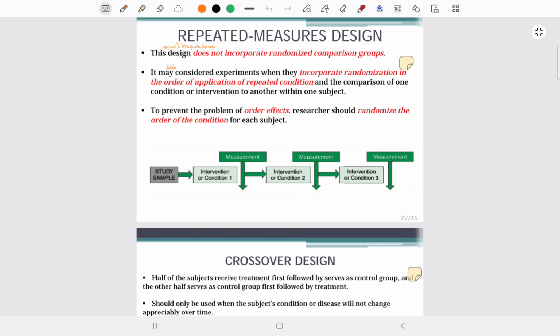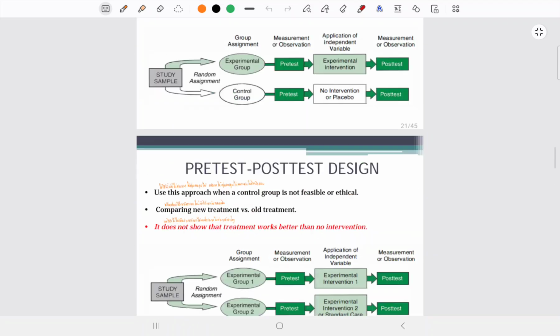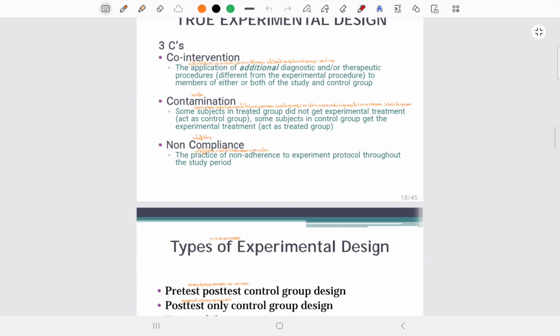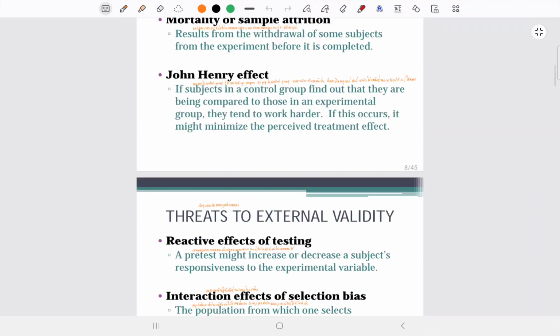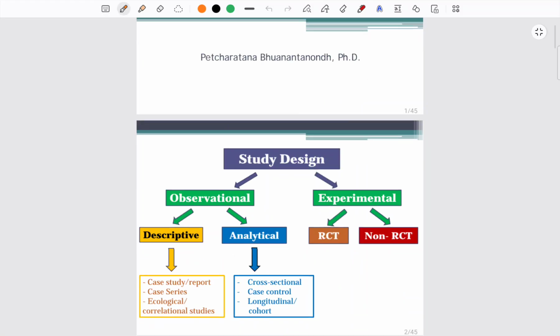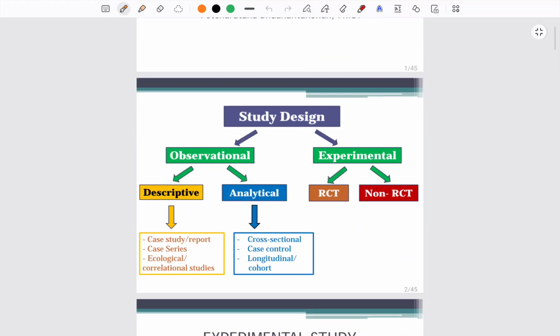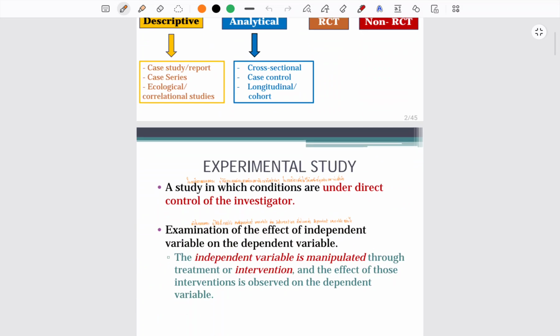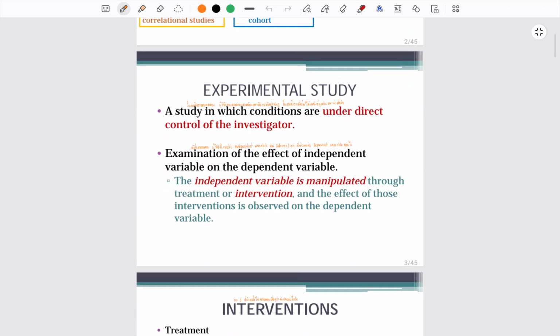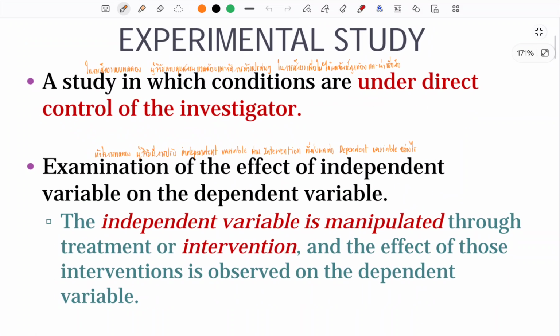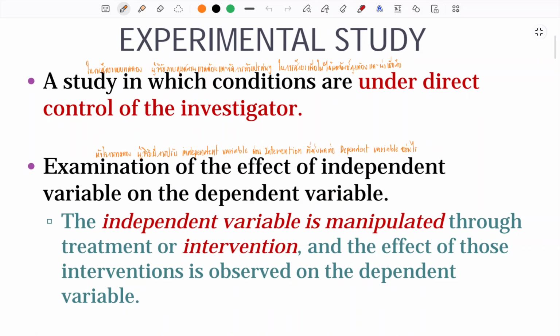Okay, all right. So for the experimental study design, we will talk about this part. In experimental studies, we have both randomized control trials and non-randomized control trials. Experimental study design is a study in which the investigator or researcher can control the intervention or the condition that you want to give to the participants.